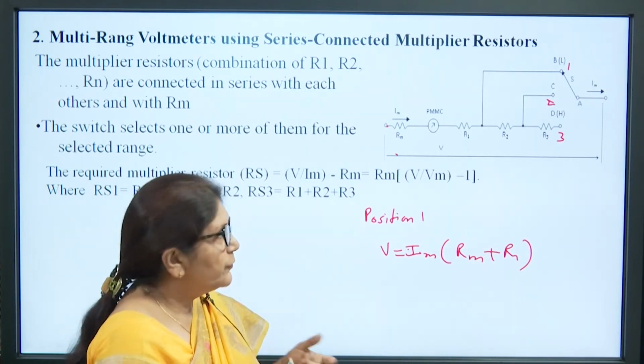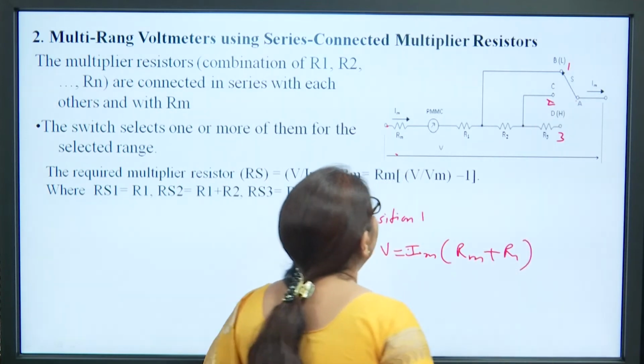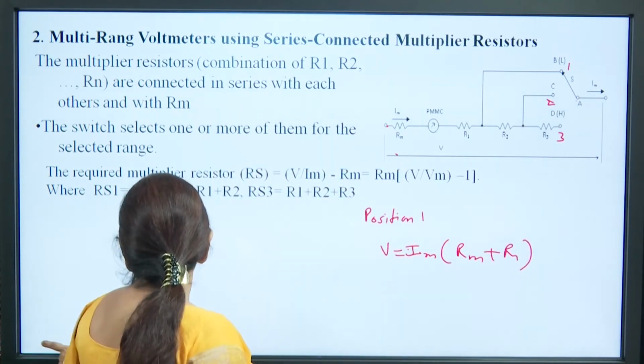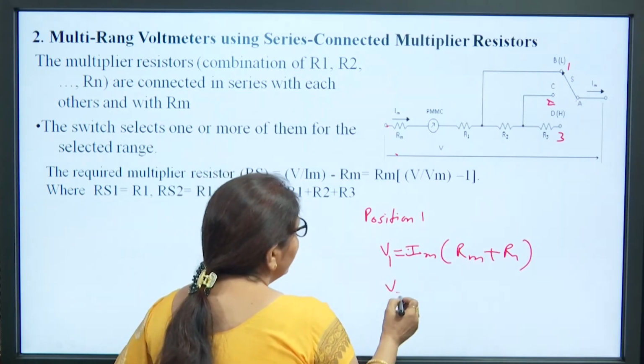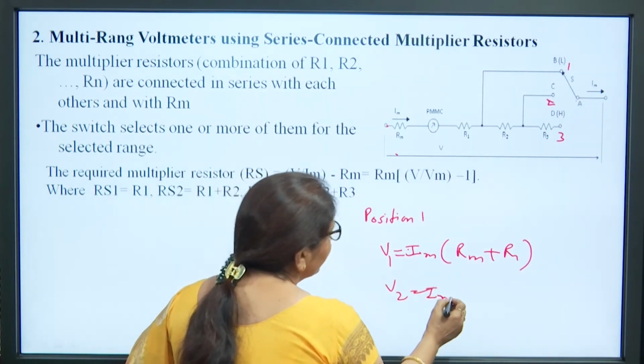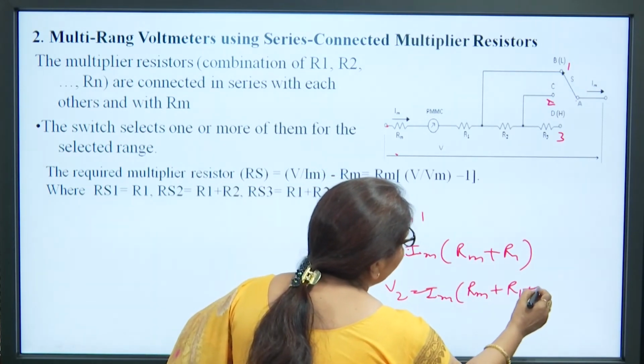Again, if we want to measure more voltage, then we put the switch at the second position, and at that time V2 will be Im into Rm plus R1 plus R2.